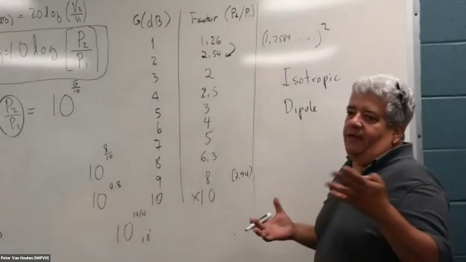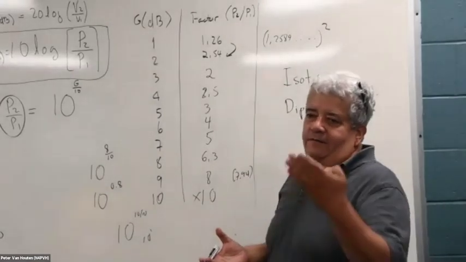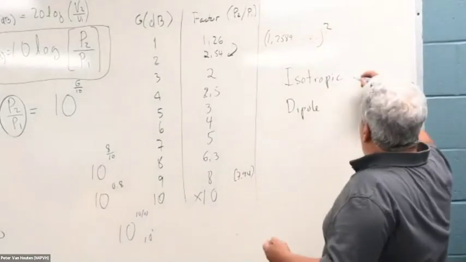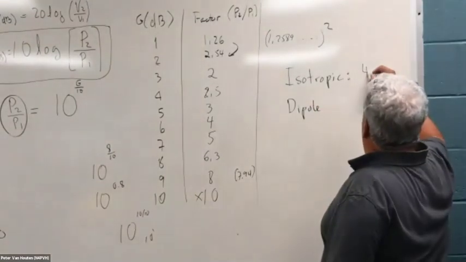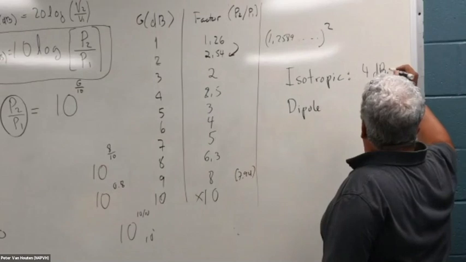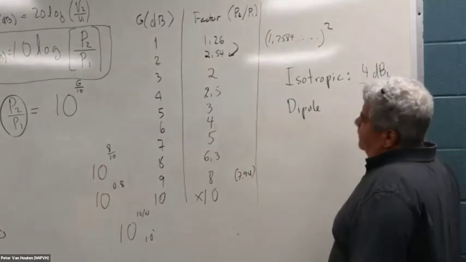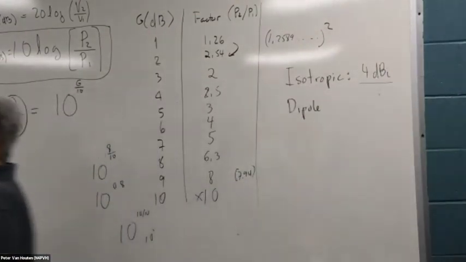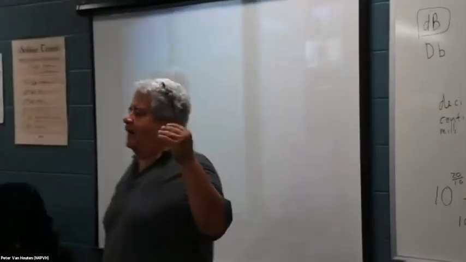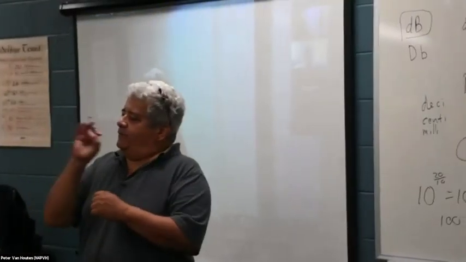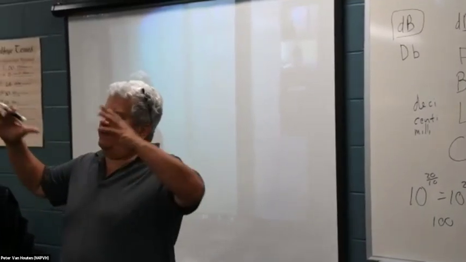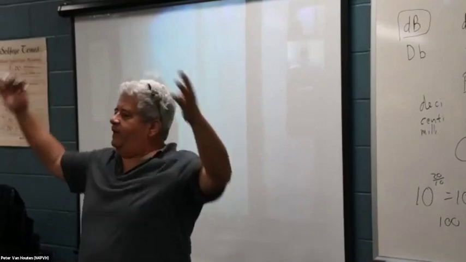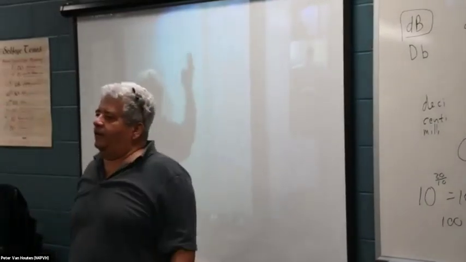So when we are talking about isotropic, and you see the gain in a magazine or an advertisement about antennas, if you see, for example, that an antenna has 4 dBi, it means that this antenna has 4 dBs over the isotropic theoretical antenna, which is a point, and its radiation pattern is just like a sphere that has equal radius in all directions.